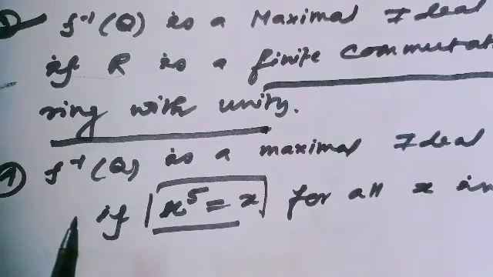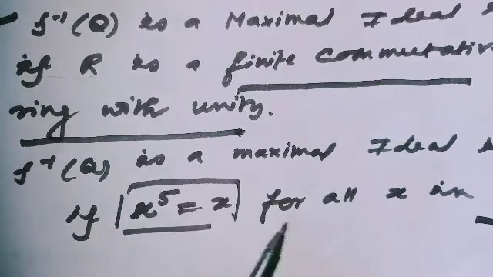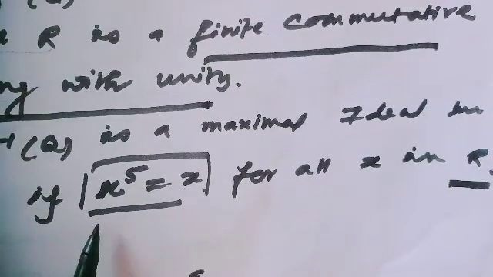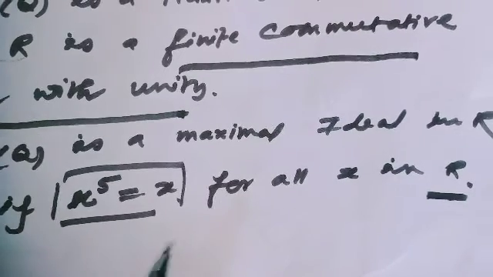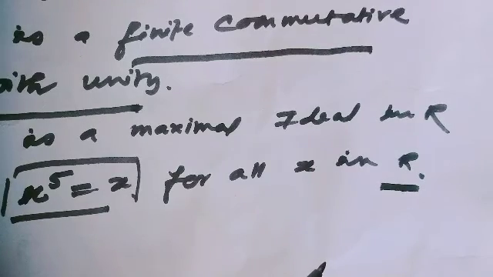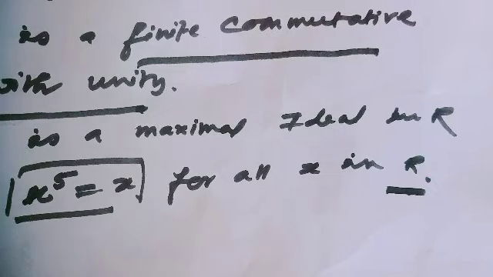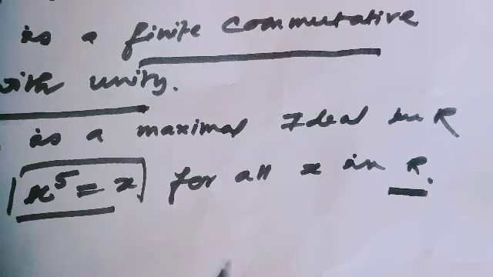And option 4 indicates F inverse Q is a maximal ideal in the ring R if x to the power 5 equals x for all x in the ring R. Okay, now let's see the proof for this option.